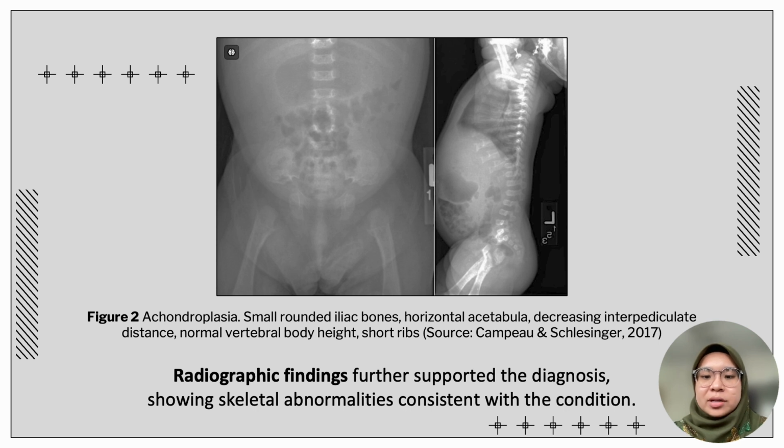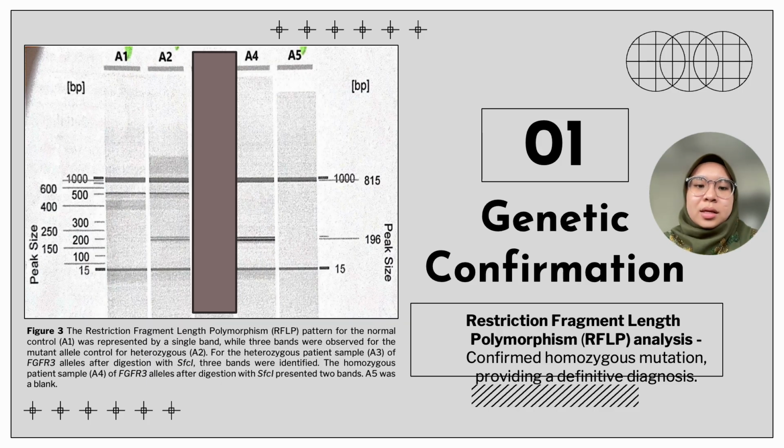Radiographic findings further supported the diagnosis, showing skeletal abnormalities consistent with the condition. From figure 3, the RFLP pattern for the normal control A1 was represented by a single band, while 3 bands were observed for the mutant allele control for heterozygous A2 of FGFR3 alleles.